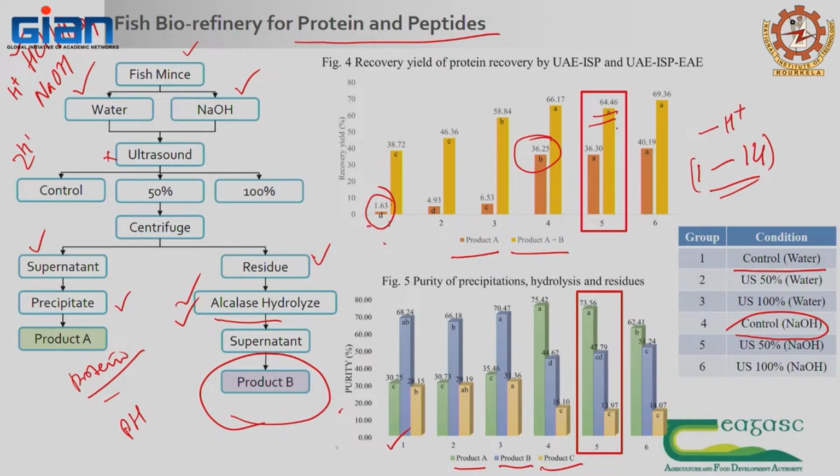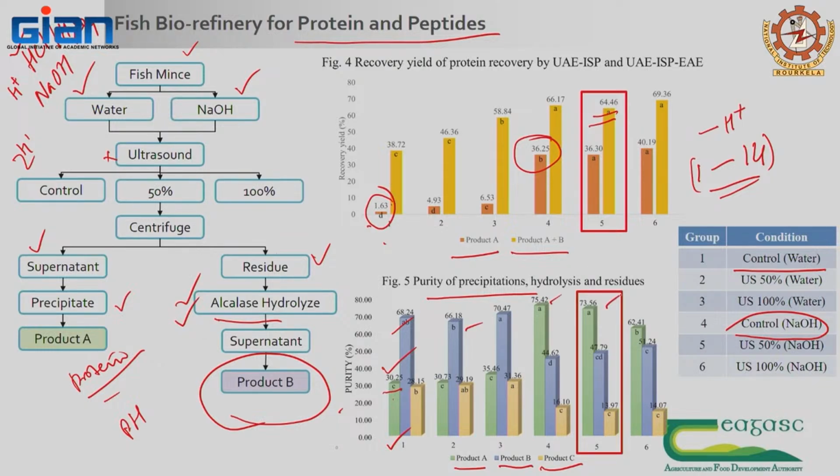When it comes to purity, that means how pure the protein is, the green one is product A here, with water you see 30, 68, 66, 75, 73.